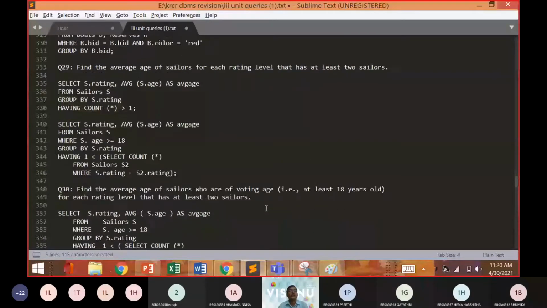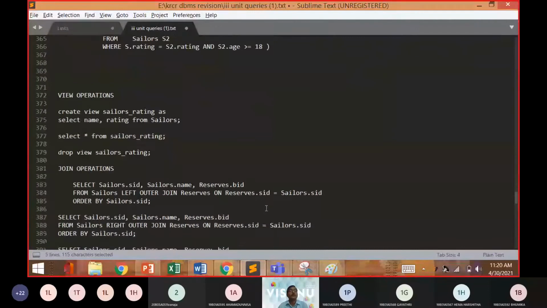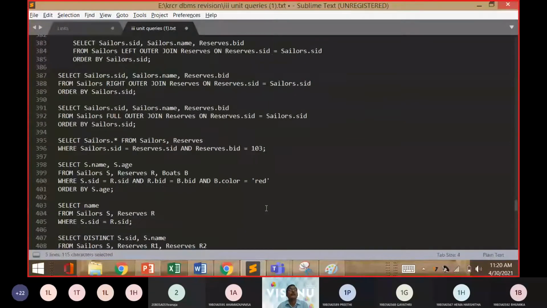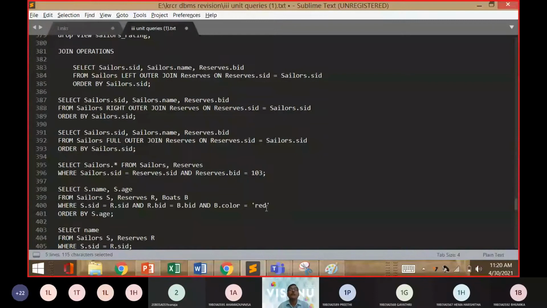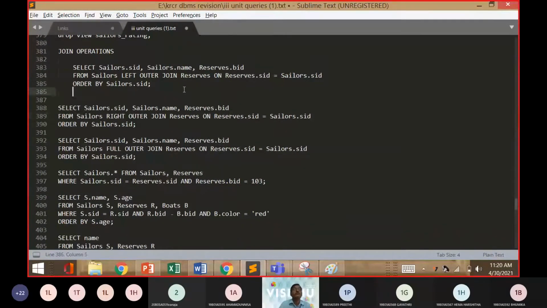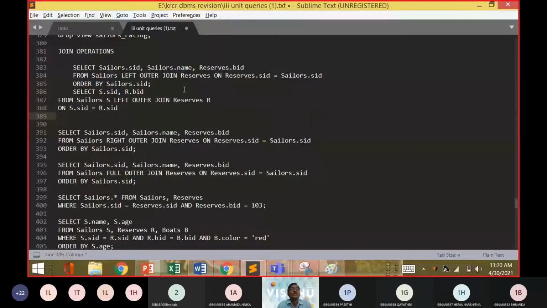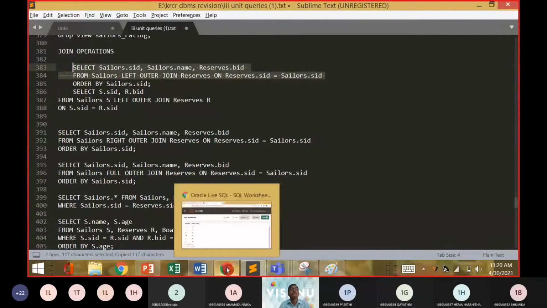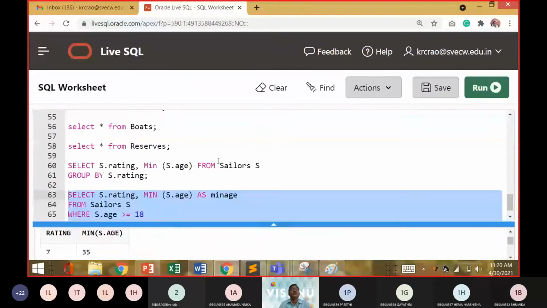Select Sailors SID, boat ID from Sailors, where we work with this left outer join, and see how it goes.